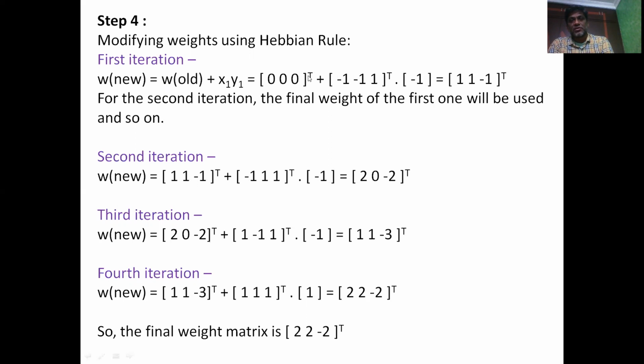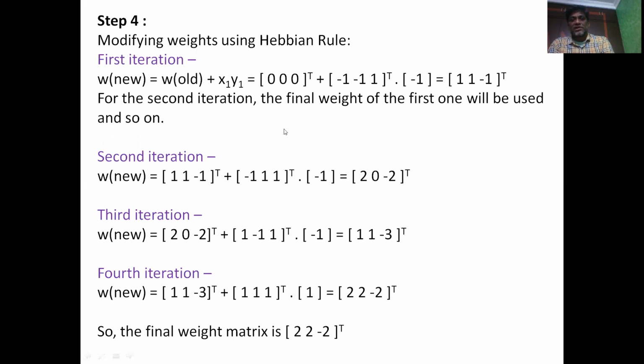So 0 0 0 transpose plus X1, which is -1 -1 1 transpose, into Y1, which is -1, the target value. After multiplying these values, we will get the vector 1 1 -1. That means weights are updated now. W1 is 1, W2 is 1, and bias becomes -1.